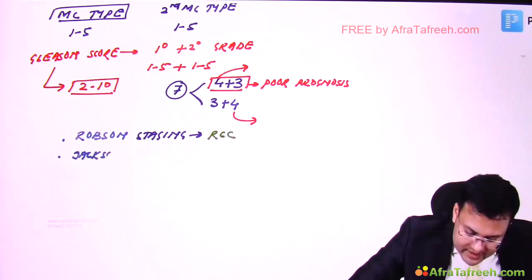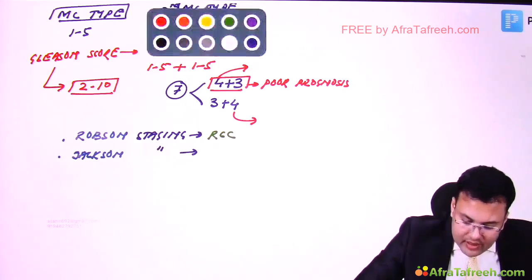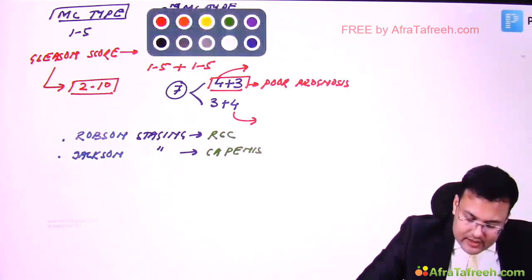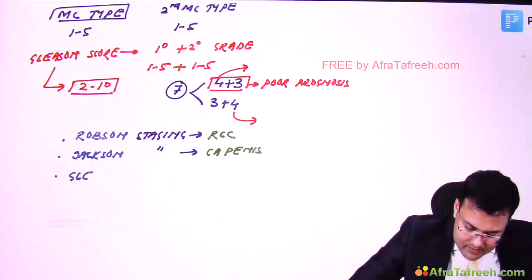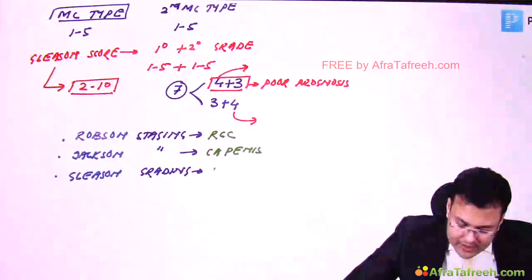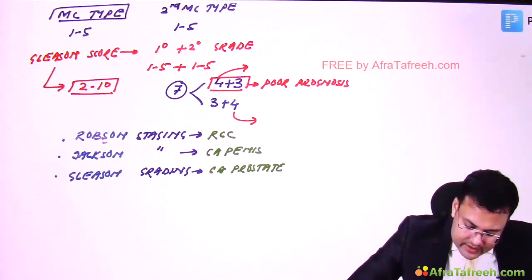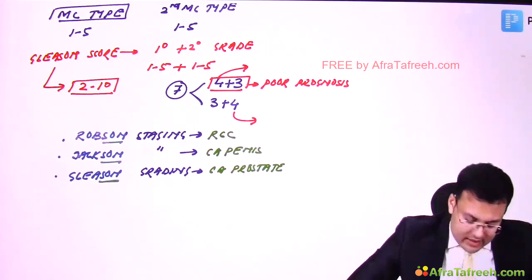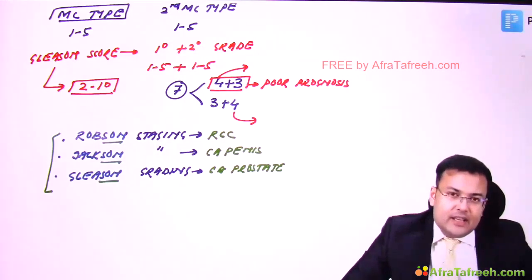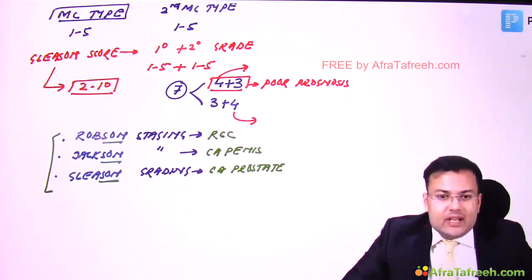And we discussed there is Gleason grading, and this Gleason grading is for CA prostate. So these are used for urological malignancies. Robson for RCC, Jackson for carcinoma penis, and Gleason for carcinoma prostate.